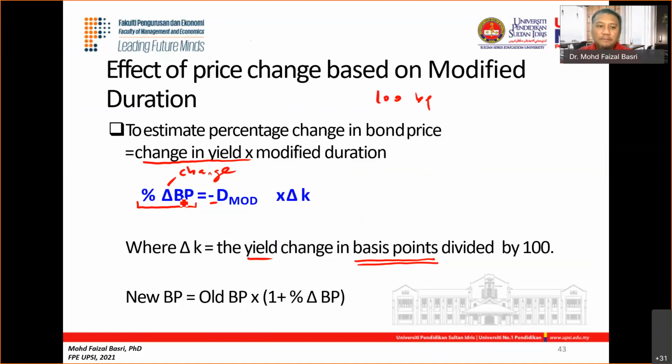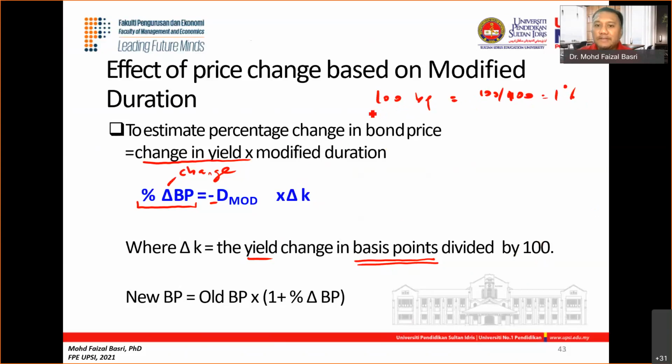Bond price was capital BP, and small bp refers to basis point. So for 100 basis point, in order to get it in percentage, you need to divide by 100. So 100 divided by 100 is going to be 1%. So technically, when we say 100 basis point, it means 1% change.